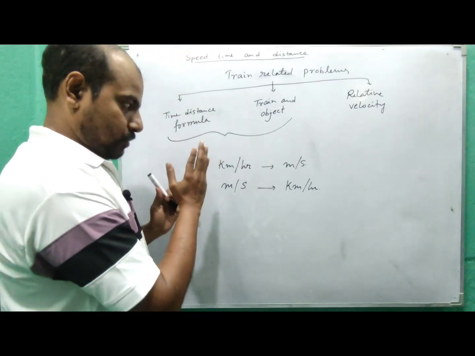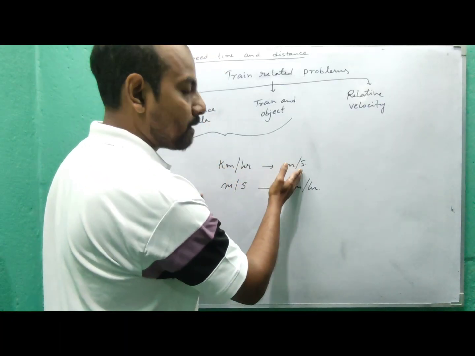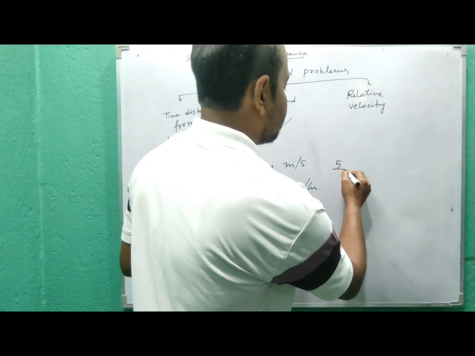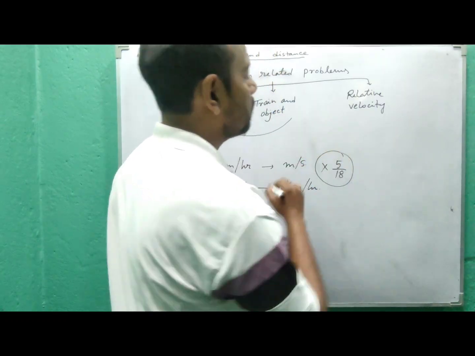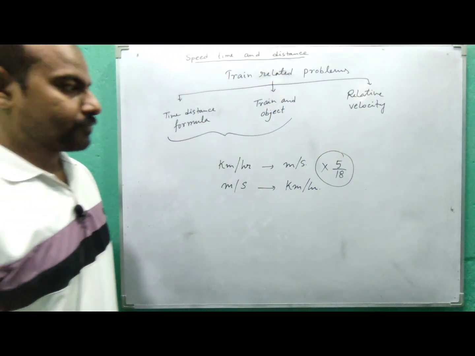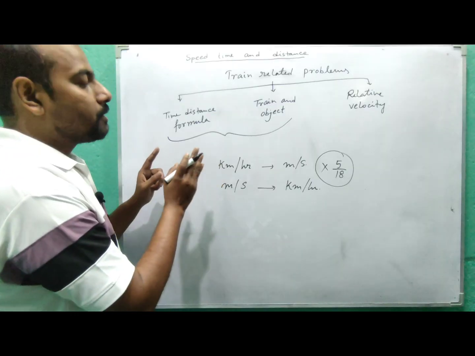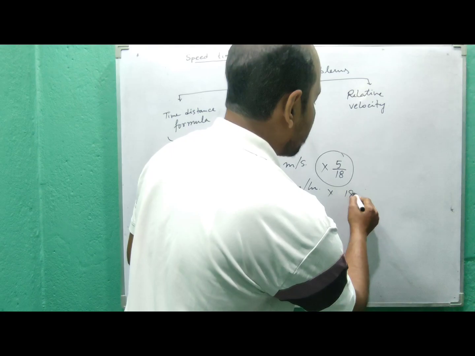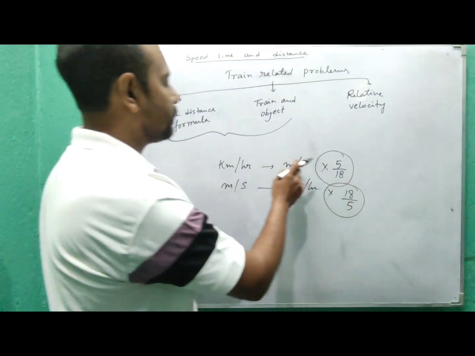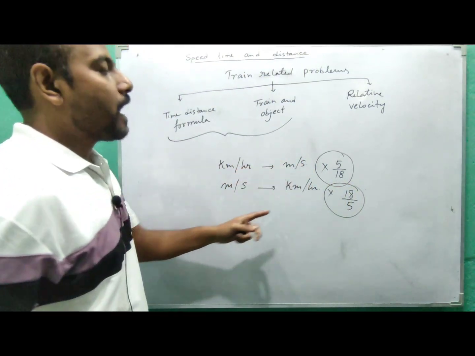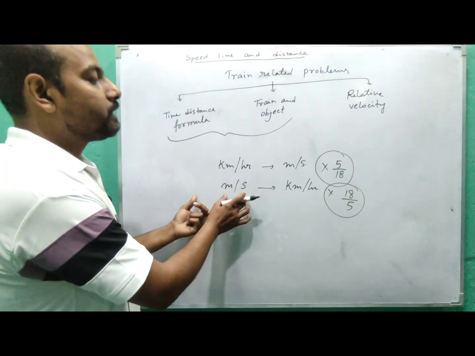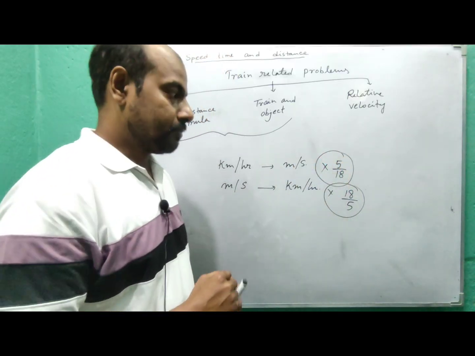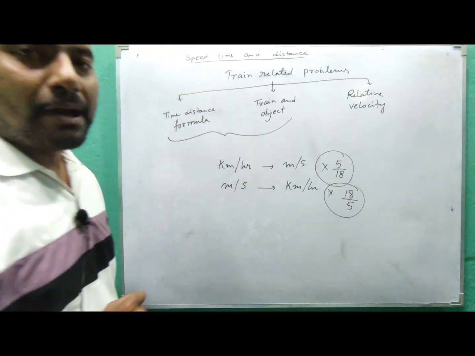When you need to convert kilometer per hour to meter per second, you have to multiply the speed by 5 by 18. And if it is meter per second to kilometer per hour, then you have to multiply by 18 by 5. 5 by 18 for kilometer per hour to meter per second and 18 by 5 for meter per second to kilometer per hour.